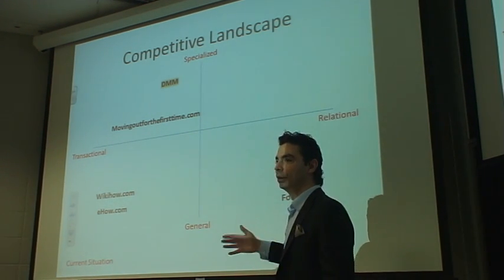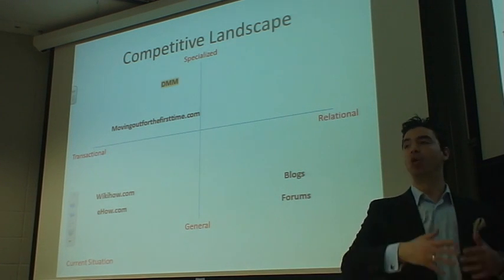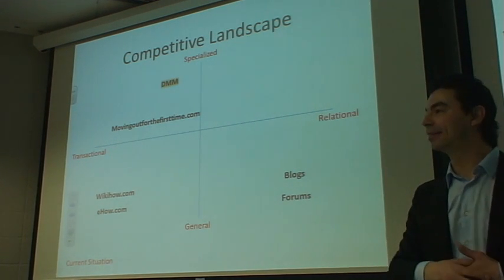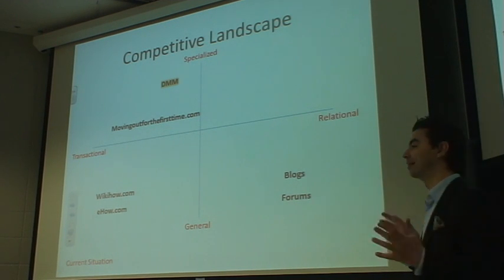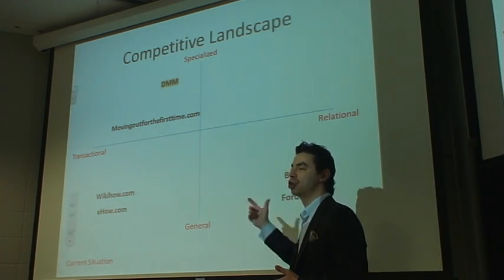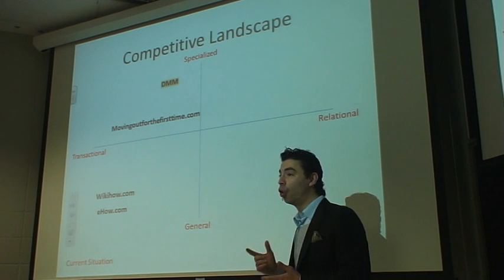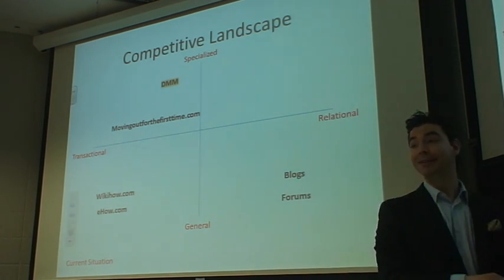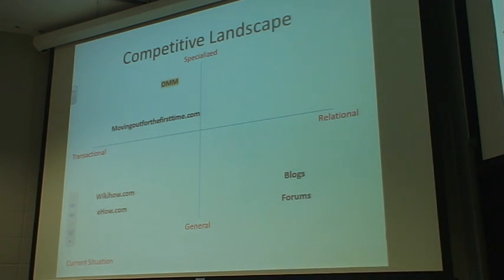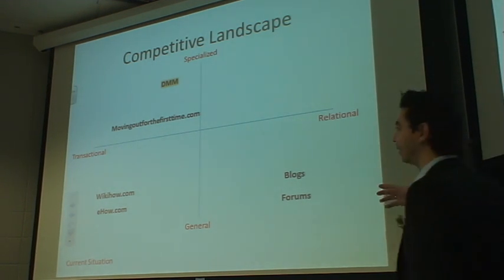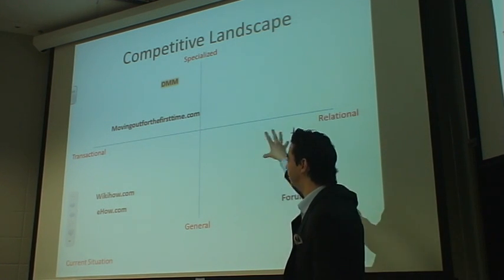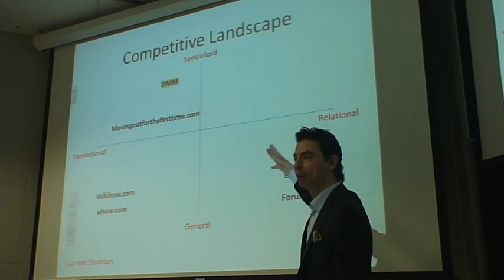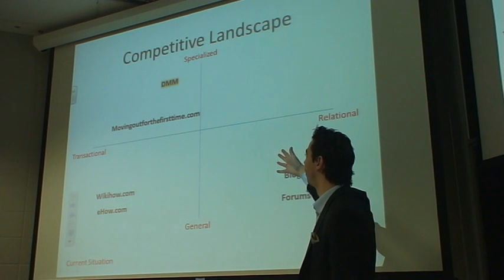Then they looked at specialized versus general. You might go on, say, a McGill website that has 1,000 different links for things, and one of those links happens to be information on housing. Or you can go to a very specialized site that only deals with housing. So they were using this to try to map out different competitive threats that they thought existed in that particular market.